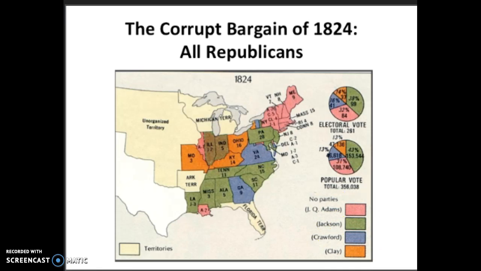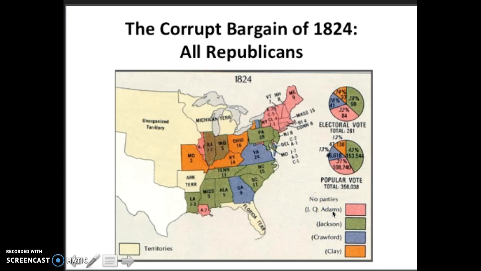In the presidential election here, no one candidate received the majority of electoral votes. As such, the House of Representatives needed to decide who was going to become president. Henry Clay was the Speaker of the House, and he did not like Andrew Jackson at all. So Henry Clay influenced the House of Representatives to elect John Quincy Adams as president.